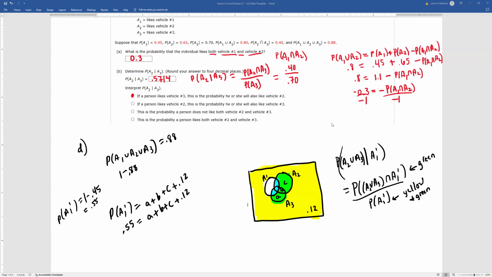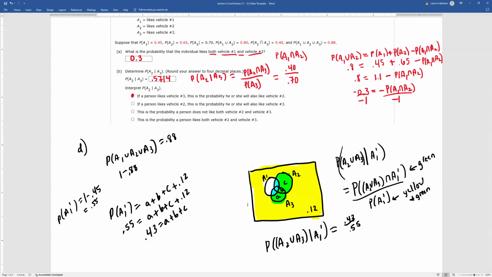So sometimes drawing a picture really does help clarify what you're looking for. So this is 0.43. That's my three green areas. So my probability that A2 union A3, given that they don't like car 1, is going to be 0.43, that's all my overlapping area, over all of the not A1, which was 0.55.